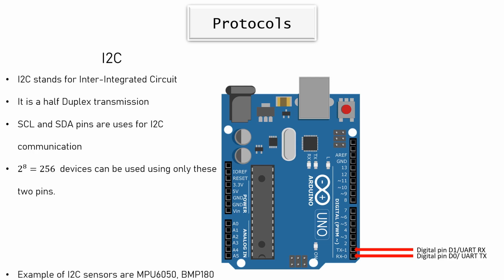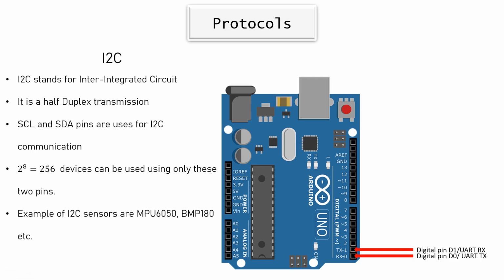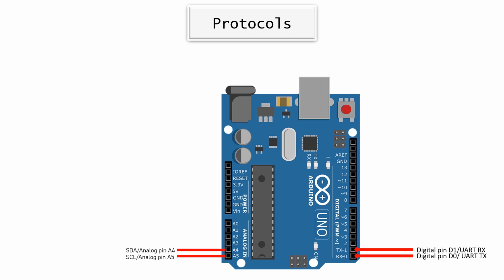Examples of I2C sensors are MPU6050, BMP180, etc. The I2C pins in Arduino UNO are A4 and A5. A4 is used as SDA, serial data, and analog pin A5 is used as the serial clock of the I2C protocol.